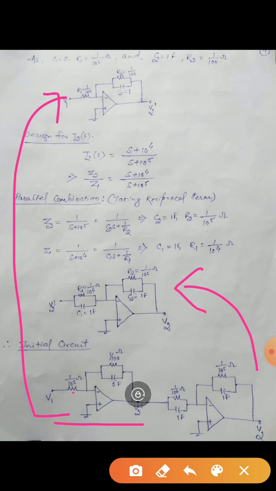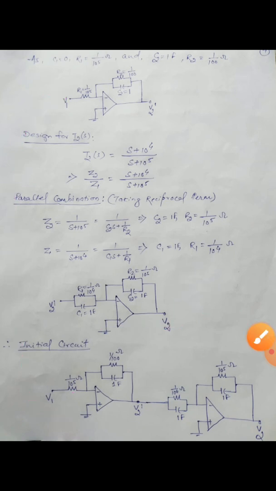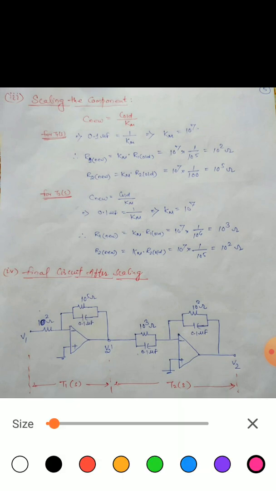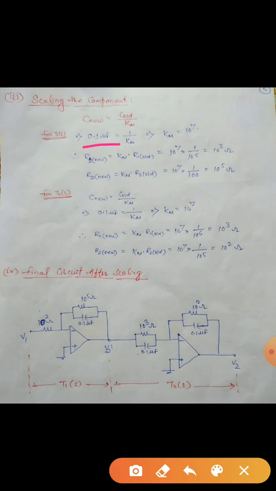So what is the methodology for changing the component values to a practical range? We set the value of the capacitor fixed, and by setting the value of the capacitor we change the value of the resistor. So in the scaling part, we set the value of the capacitor. I set here the value of the capacitor as 0.1 microfarad, and the formula for the new value of capacitor is C old divided by Km.